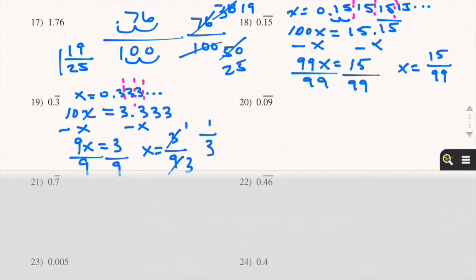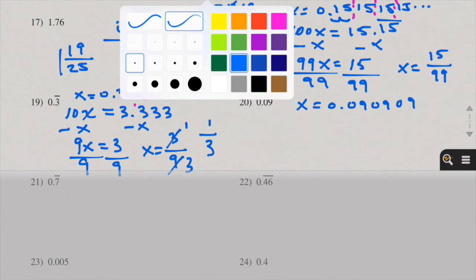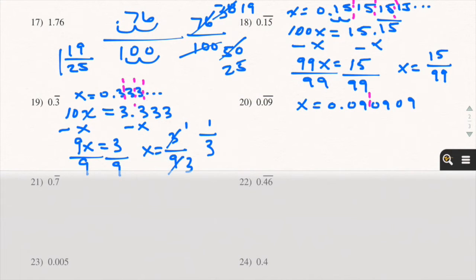Okay, number 20. Same thing as number 18. We define x equals 0.0909 repeated. I'm going to do the same concept with the repetition, 09, 09, 09, and so on. Okay, so we need to do 100x this time, and 100x would equal 9.0909 repeated.